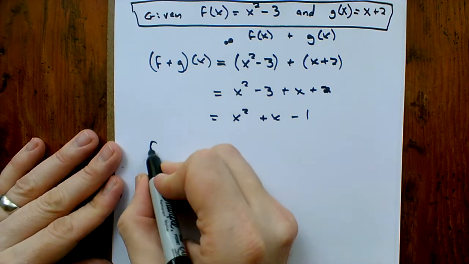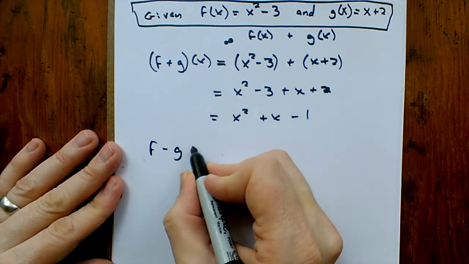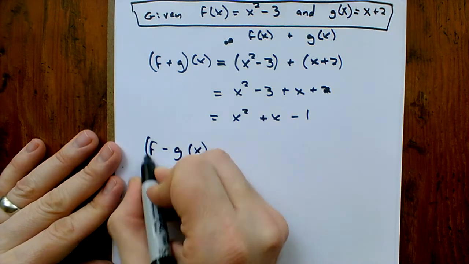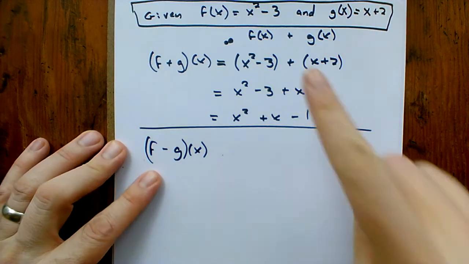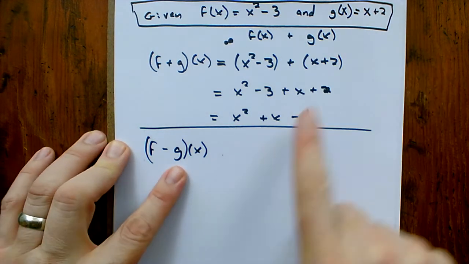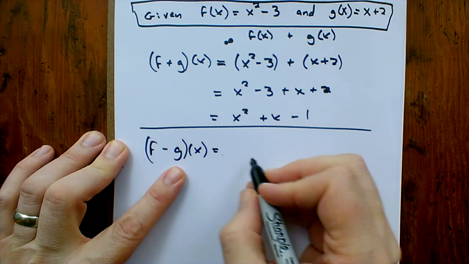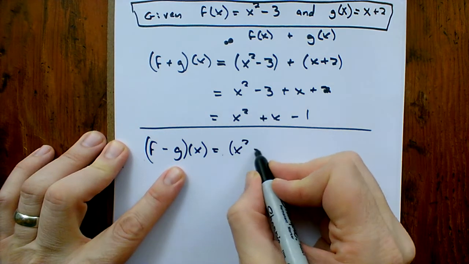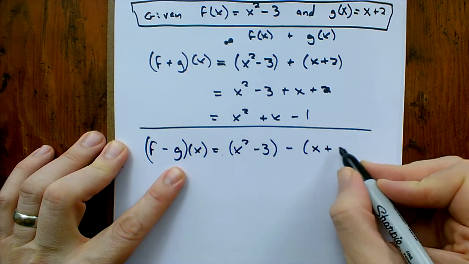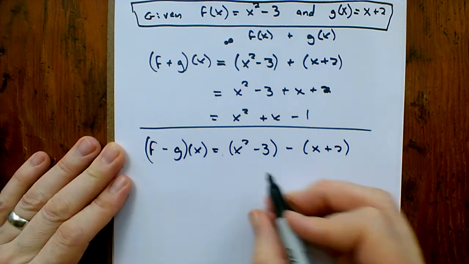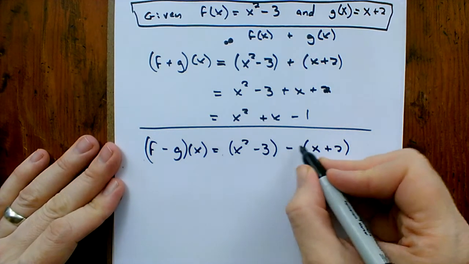For subtraction, f minus g of x. Again, we're taking this function f of x and subtracting from it g of x. So I've got that x squared minus 3, and I'm going to subtract from that this x plus 2. And like I say, here's where we need to watch our signs.